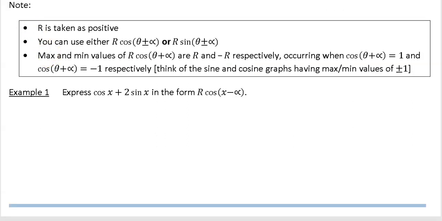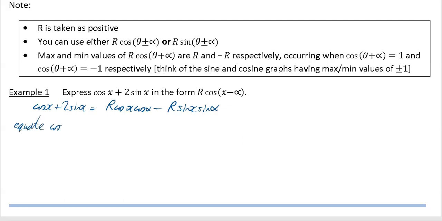Okay, example 1 says express cos x plus 2 sin x in the form r cos(x minus alpha). So first thing we're going to do is write it out the long way. Cos x plus 2 sin x is equal to r cos(x minus alpha), and this is me expanding: r cos x cos alpha minus r sin x sin alpha. So equating, this is me equating my cos terms.